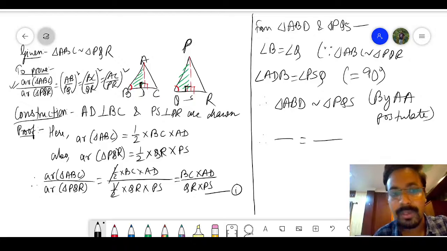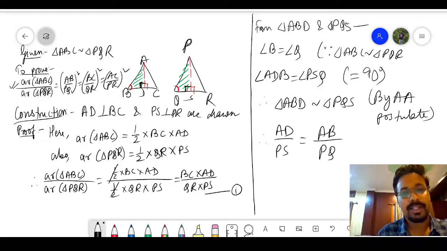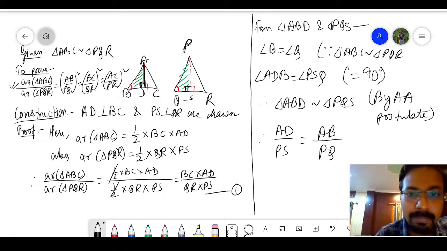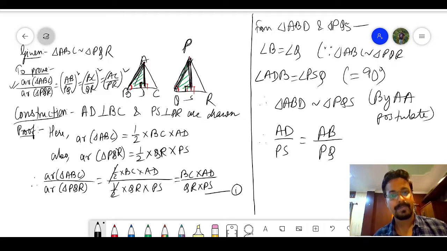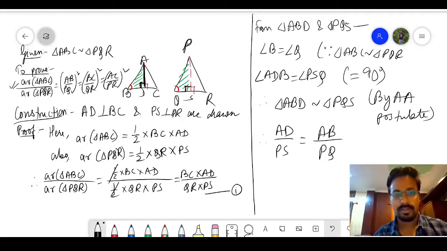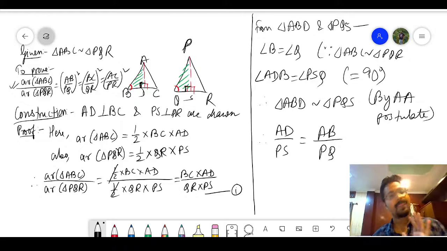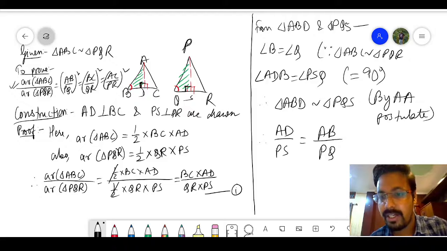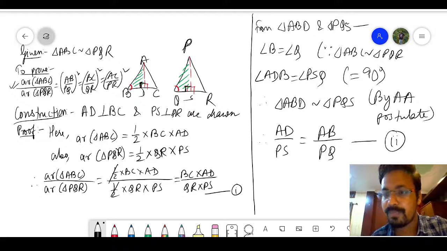So we will get AD by PS equal to AB by PQ, corresponding sides, right? Okay, let me remove this. Done. This is what we have written here, taking it as number 2.